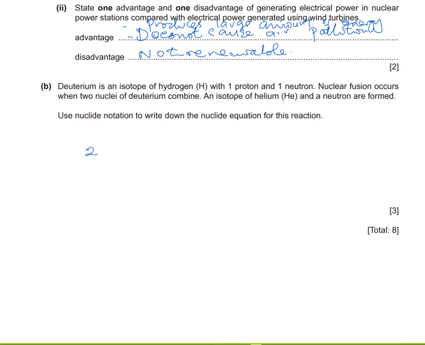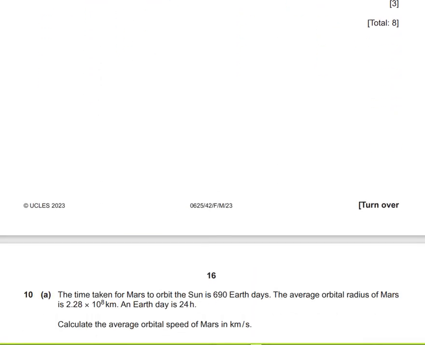So it will be mass number 2, atomic number 1, plus 2, 1, then it will give you mass number 3, atomic number 2, plus 1, 0. Make sure that the atomic number is balancing with the mass number. You see that the mass number is 3 plus 1, which is 4, and the atomic number is 2 plus 0, that is 2. When you compare both sides, the mass number is 4 and the atomic number is also 2. Make sure that they are balancing.